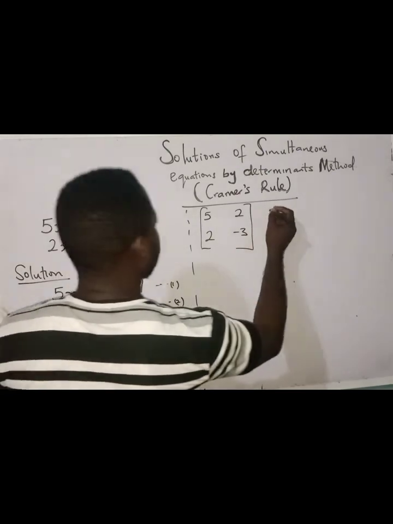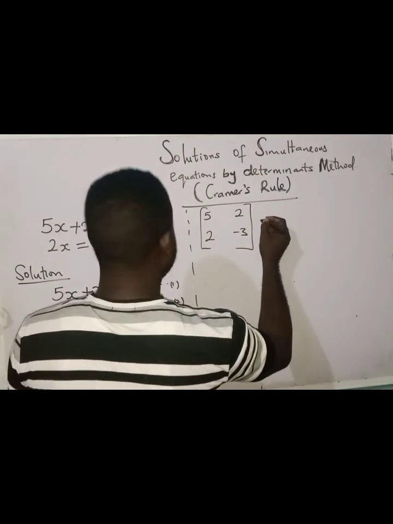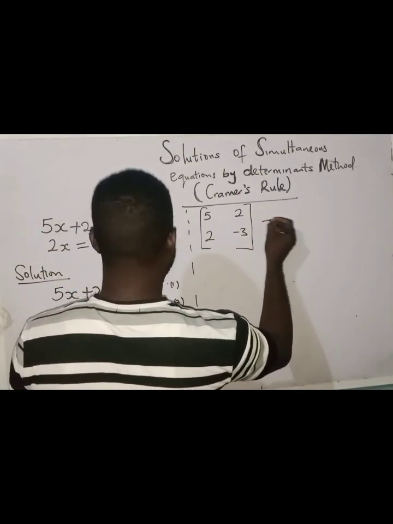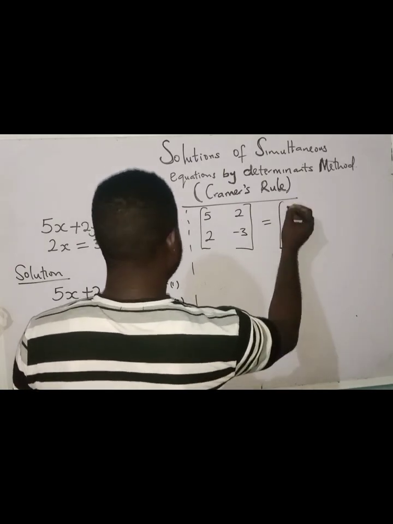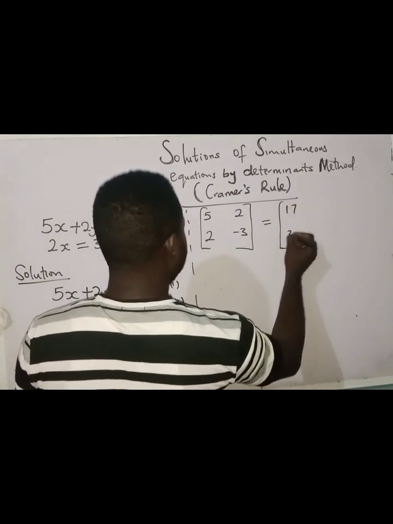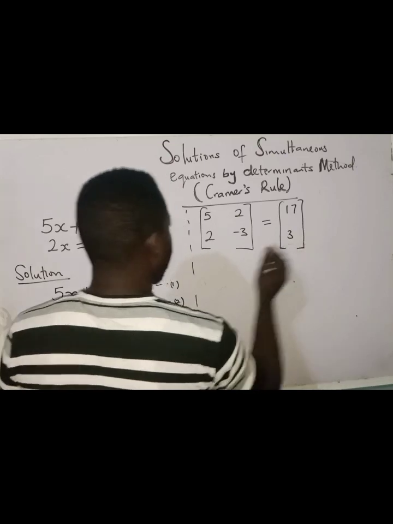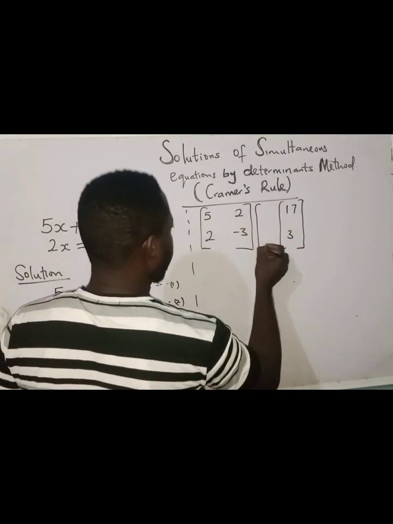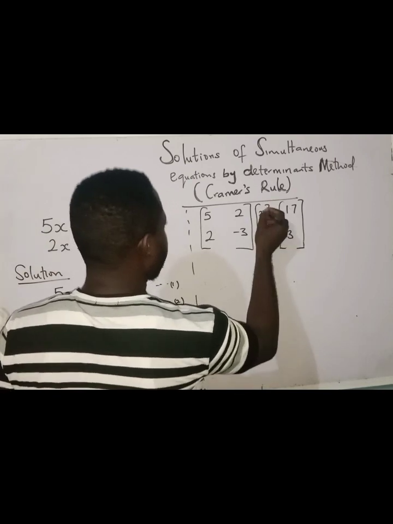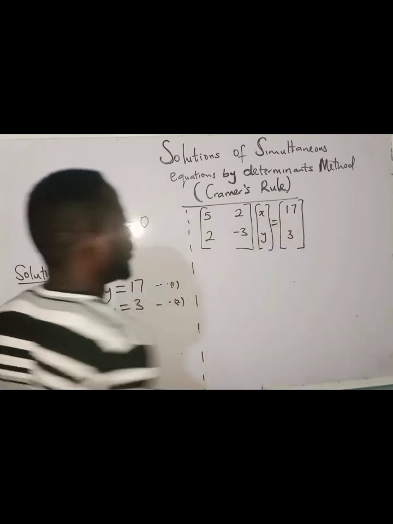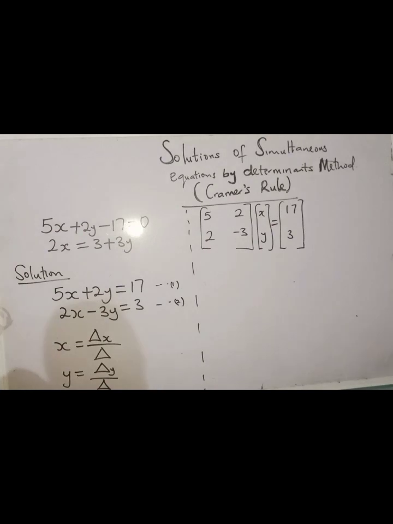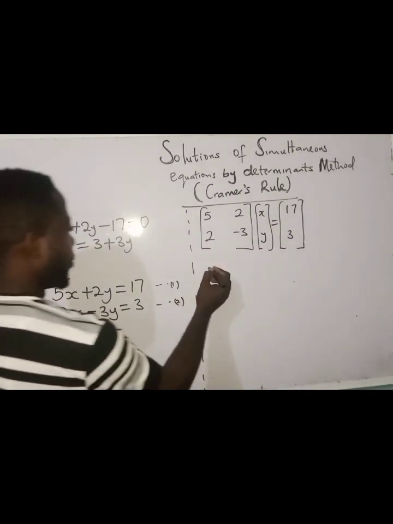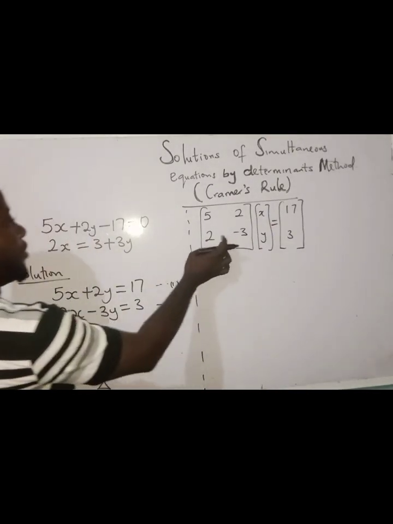Then we have this, which equals 17 and 3. So that means we have x and y here, and they equal this. Now, we want to find the determinant. To get the determinant, we are going to make use of this.